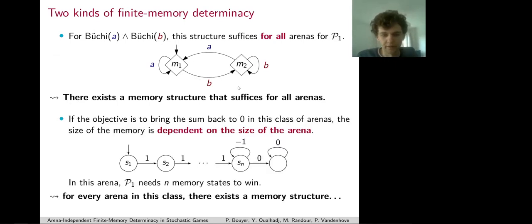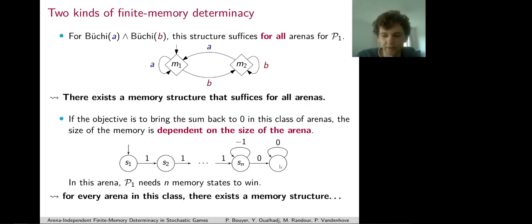So now let us consider a second case, which is a bit artificial, but I hope it's easy to understand. We will consider this class of arenas for player 1, which depend on a parameter n that describes the number of states before reaching this state. And we assume that the objective of player 1 is, after seeing all the ones here, to consider the sum of all the ones and bring it back to 0 in Sn by taking sufficiently many minus ones, and then when it's exactly 0, to go rightward in this final state.